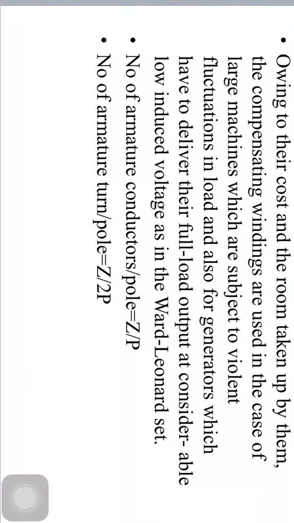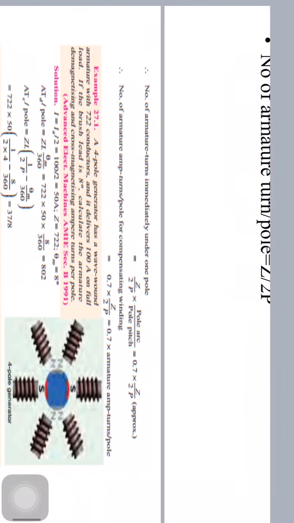So armature ampere turns per pole into pole arc by pole pitch is how we will calculate the ampere turns per pole for the compensating winding.